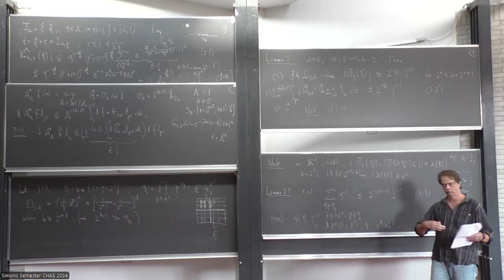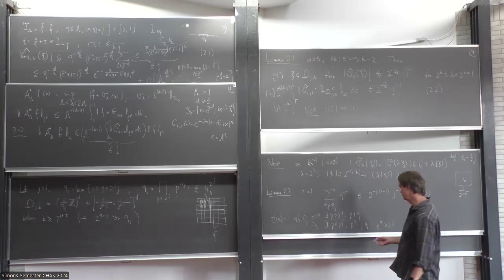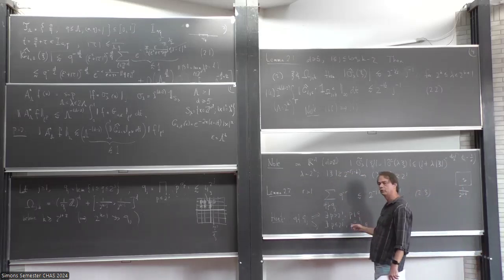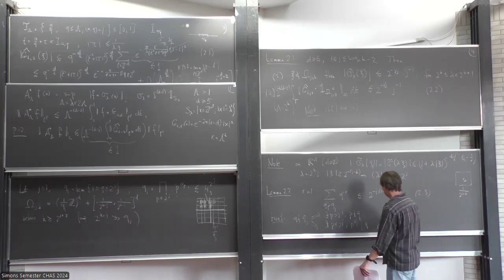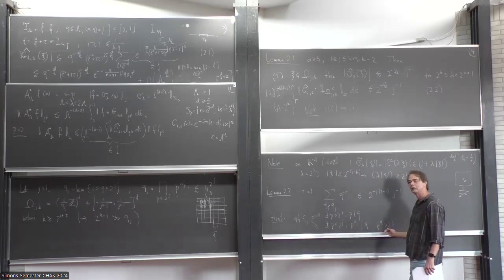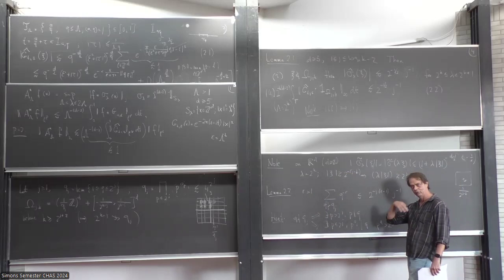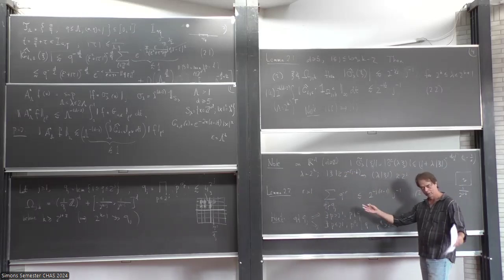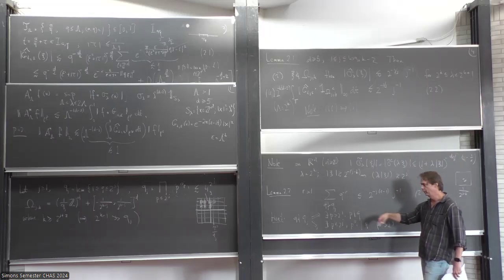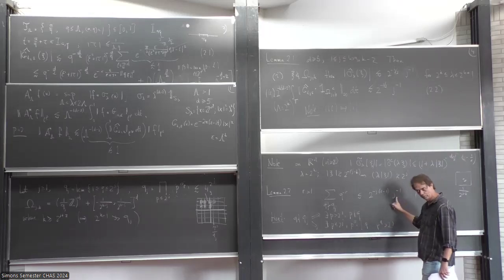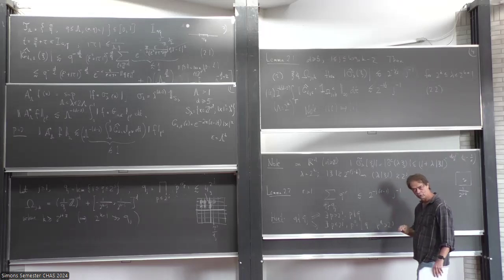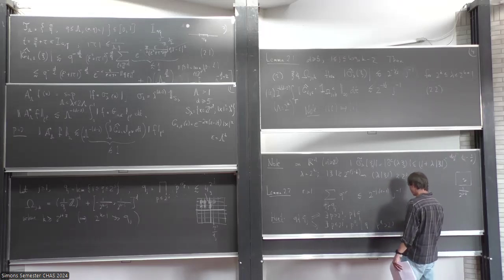And then you can just sum in both cases. In the first case, you write q as p times q1, and in the second case, you write q as p to the a times q1, and sum separately in p's and q's and use the prime numbers. The number of primes up to size n is about n over log n, and this 1 over log n gives you the extra j to the minus 1.